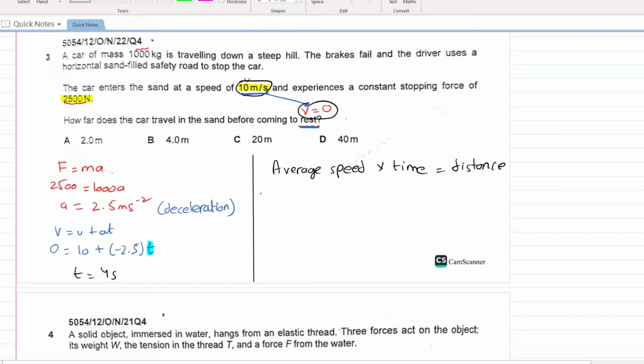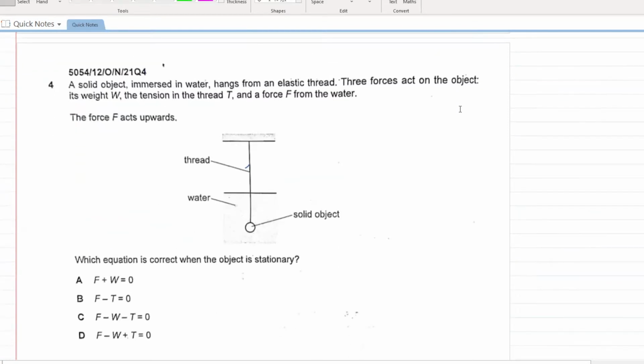So I can't take a singular speed. I have to take an average of them. 10 plus 0, initial plus final, divided by 2, multiplied by the time that is 4, is equal to your distance. 5 into 4 is equal to 20 meters. C is your answer. Let's move on to the next question.